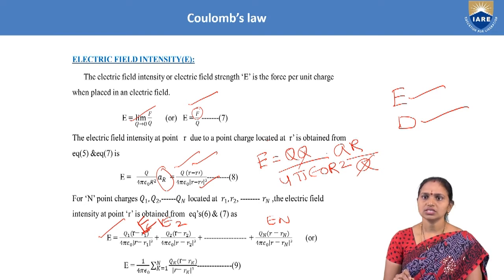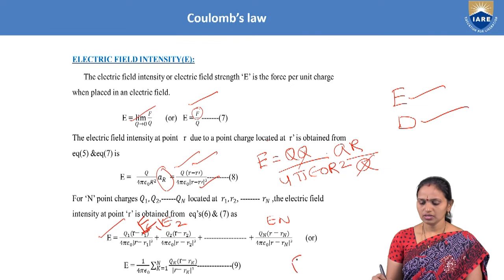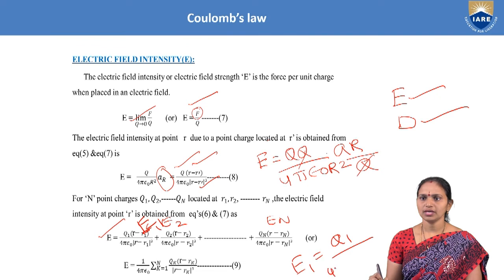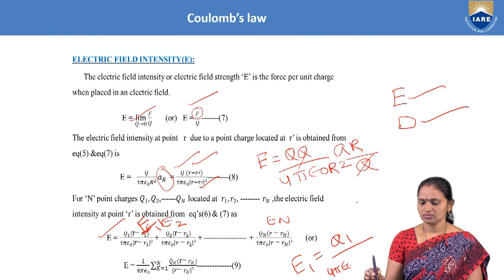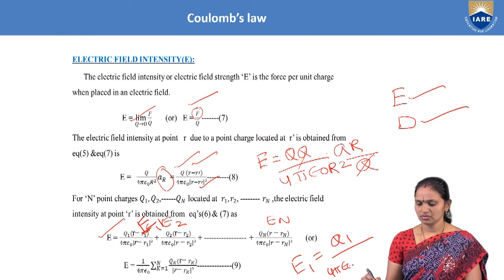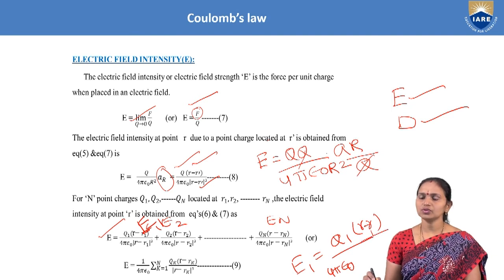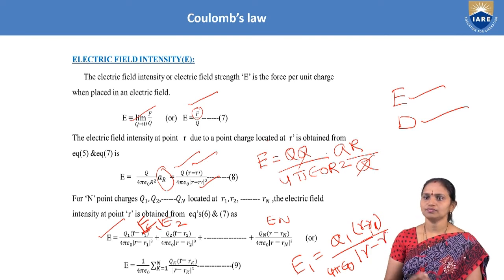So the equation for this E1 is Q1 divided by 4 pi epsilon naught, and the displacement vector here is r minus r1, because here we are trying to calculate the field at a point due to Q1, and Q1 is at a distance of r1 units, so r minus r1. Then the displacement vector is r minus r1 and its magnitude is modulus of r minus r1 whole cube.